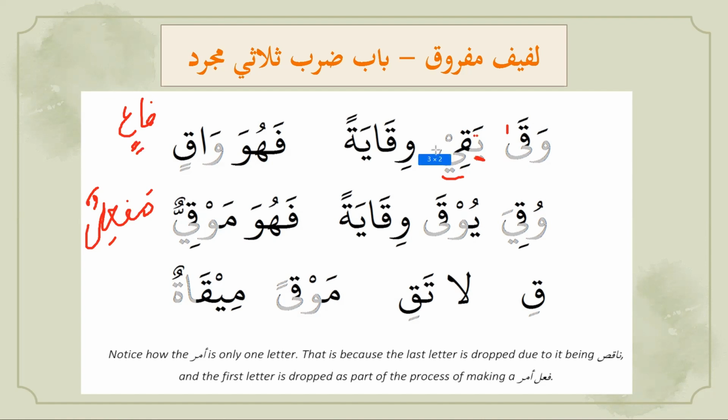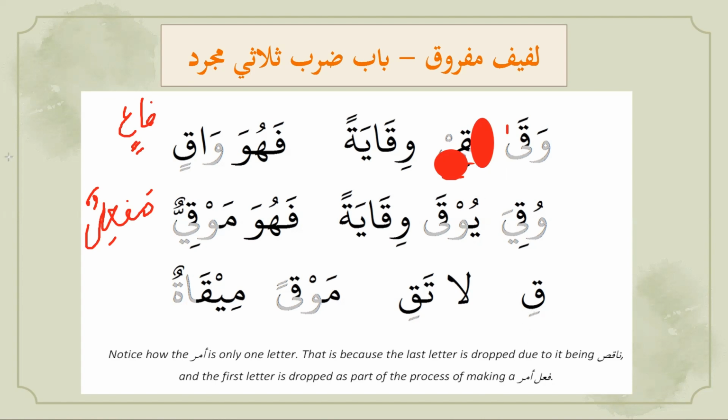And to make the anta form lightest, you have to remove the weak letter. So you drop the ya, and then it is only qaf with kasra, and you need to drop the symbol of mudari also, ta also. So the command form is left with only qi.